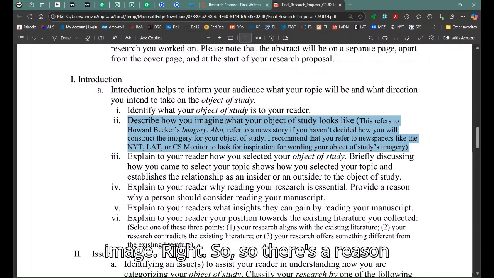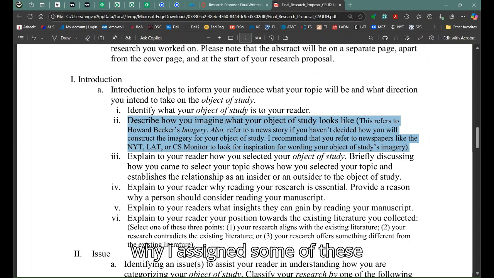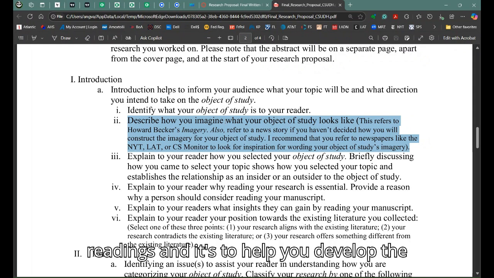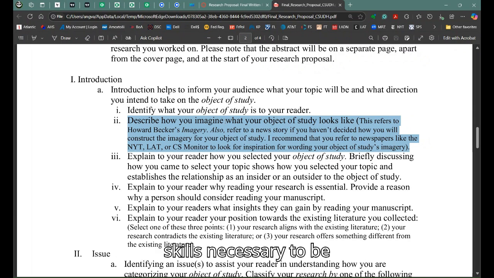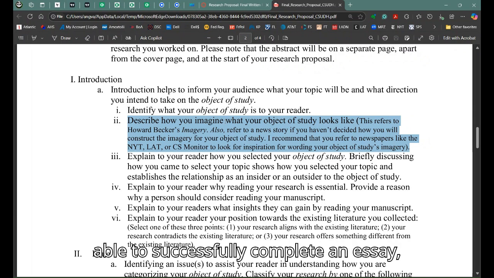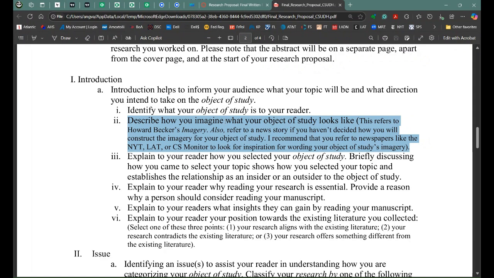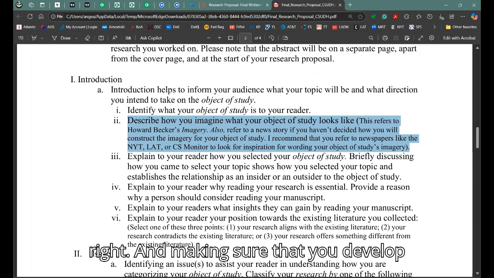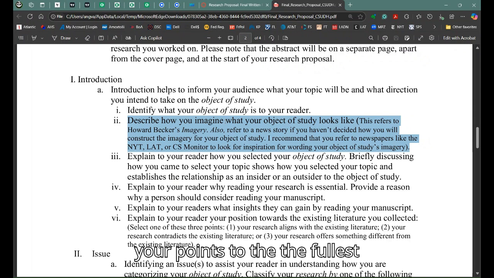All right. So there's a reason why I assigned some of these readings, and it's to help you develop the skills necessary to be able to successfully complete an essay. All right. And making sure that you develop your points to the fullest, or to its logical conclusion.